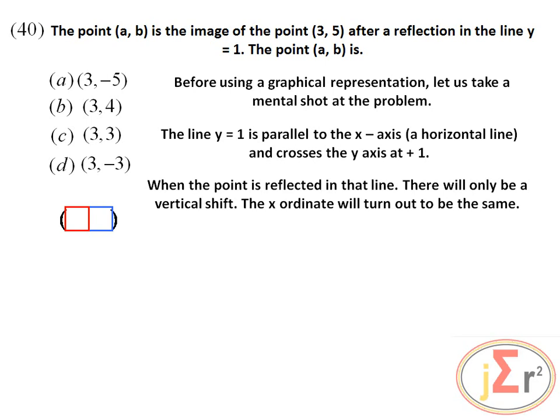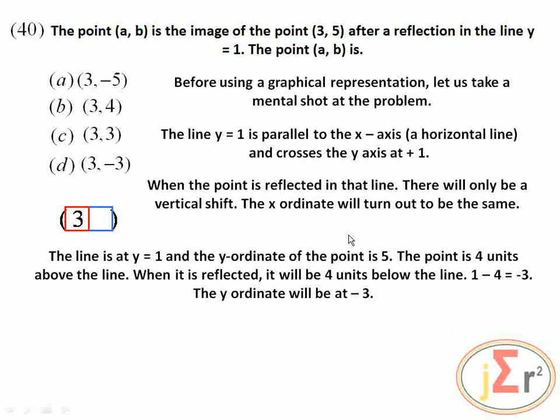So we have 3 for the original x-ordinate. The x-ordinate will be the same. The line is at y is equal to 1, and the y-ordinate of the point is 5. The point is 4 units above the line.